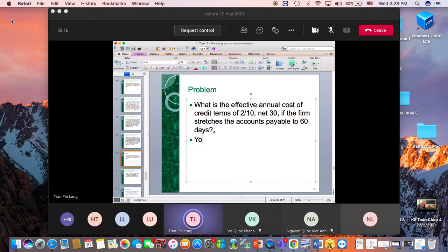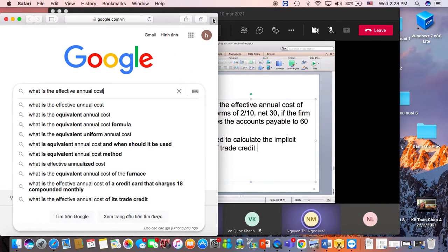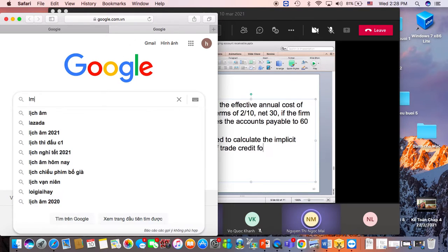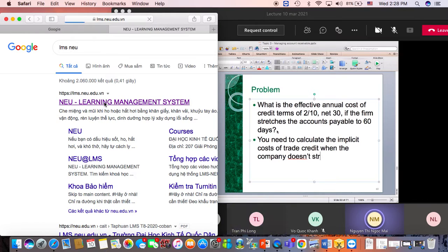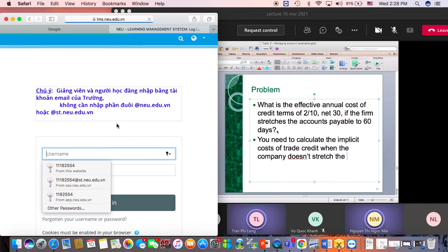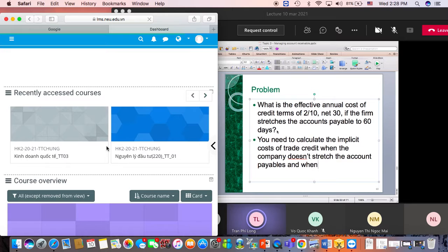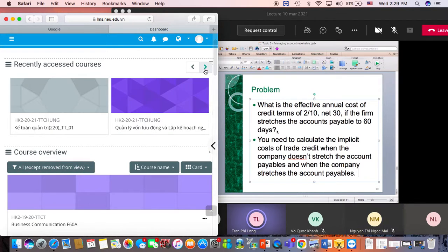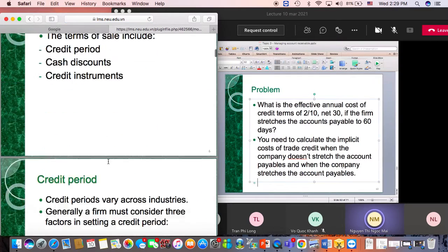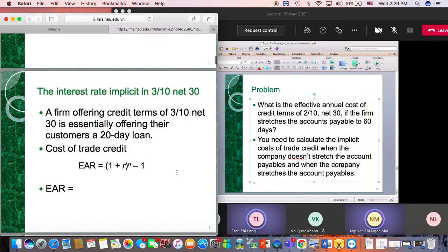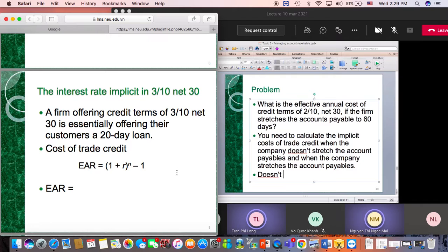Basically, for this question, you are required to calculate the implicit cost of trade credit when the company doesn't stretch the account payable, and when the company stretches the account payable. So what is your result?